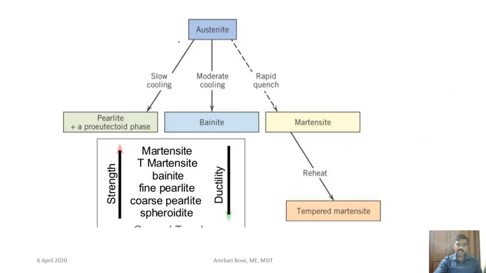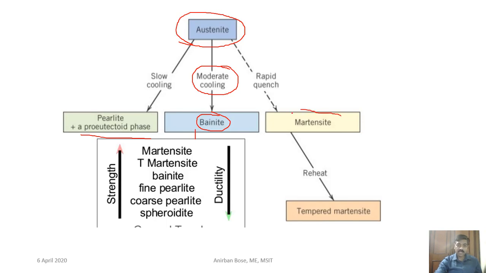So what you can see is that in austenite, depending upon the cooling rate, it is possible that we can get different kinds of structure, like pearlite, and again pearlite can be fine pearlite, it can be coarse pearlite. We can get at moderate cooling a bainitic structure, and bainitic structure again can be fine bainite, it can be coarse bainite.